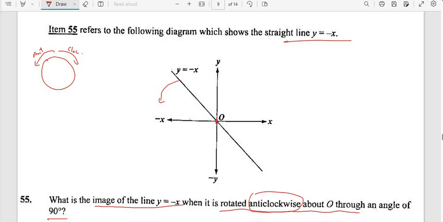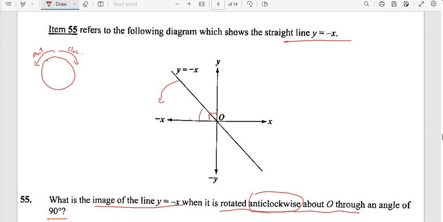Now, every quadrant has a 90-degree angle between, for example, the positive y and the negative x-axis, forming 360. Vertical and horizontal lines meet at 90 degrees. So if this is 90 degrees, this line here cuts it at exactly 45.